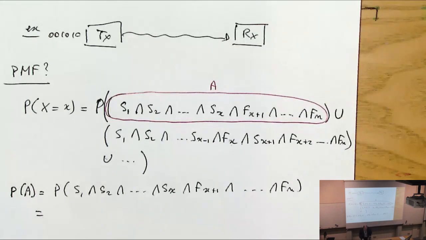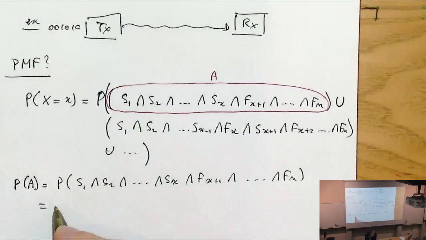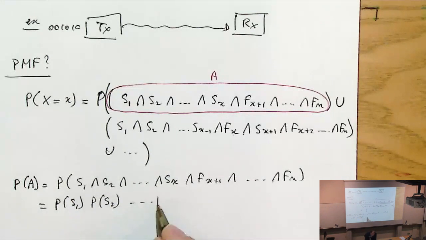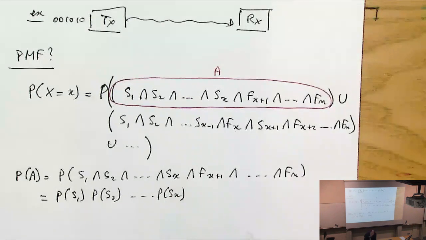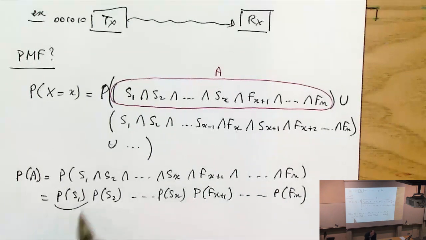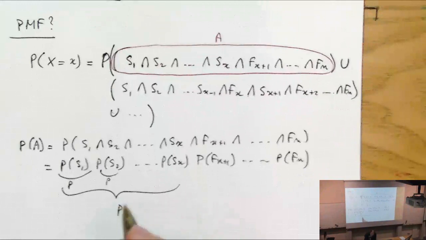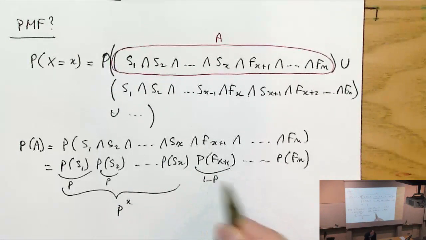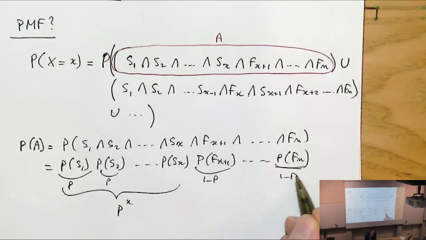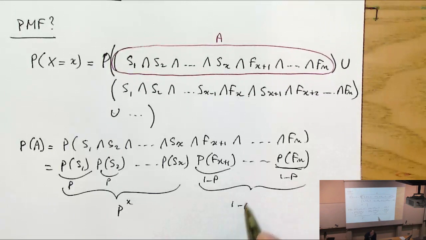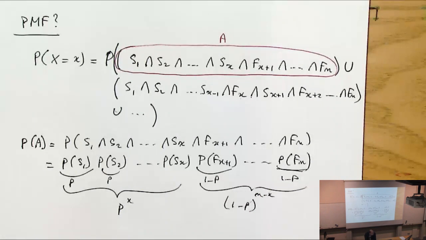Remember this? So what we have here is the probability of S1 multiplied by the probability of S2, all the way to the probability of Sx, the probability of F at x plus 1, all the way to the probability of Fn. So this is P, this is P, so what you get here is P to the x. This is 1 minus P, 1 minus P. What we get here is 1 minus P to the n minus x.